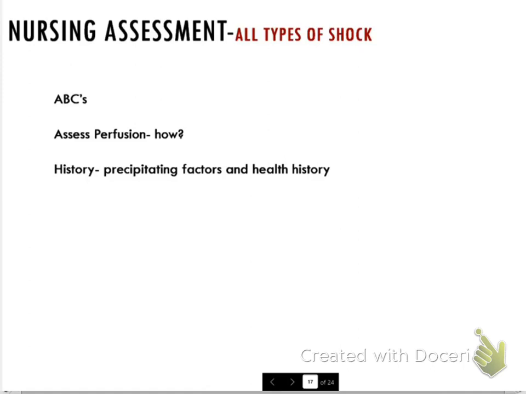You want to get a health history: past medical history, past surgical history, what meds they're on. Are they vaccinated? Have they gotten any vaccines or medications recently? Because it can be 4 to 6 weeks after certain medications that you actually have the reaction. If they have any known allergies, sometimes there are cross allergies.